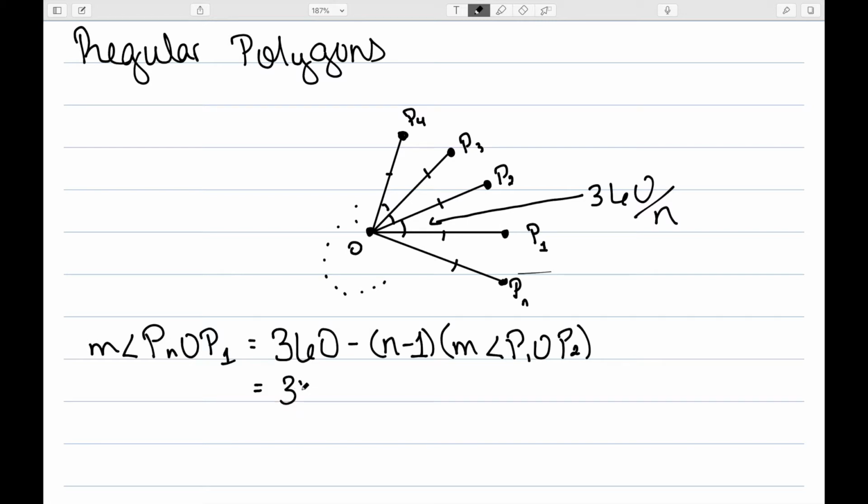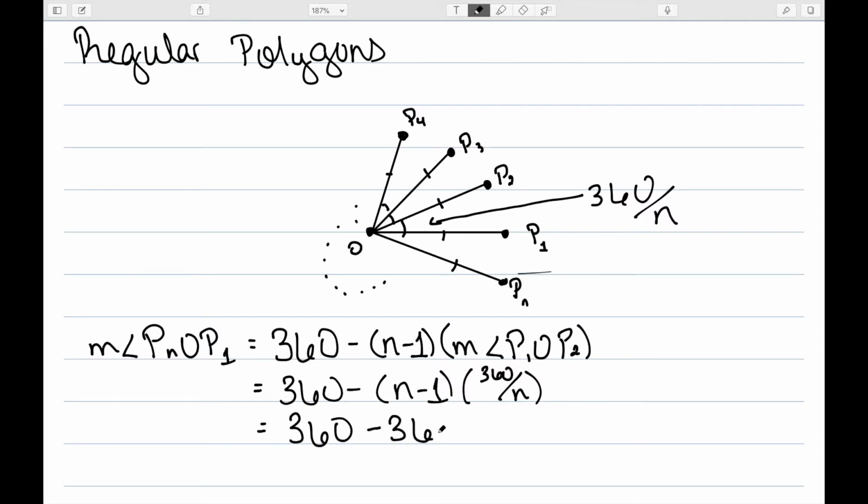Simplifying this, I have 360 minus (n-1) times 360 over n. Multiplying this out, I get 360 minus 360 plus 360 over n, which is 360 over n. So it does verify that the last angle matches the others.